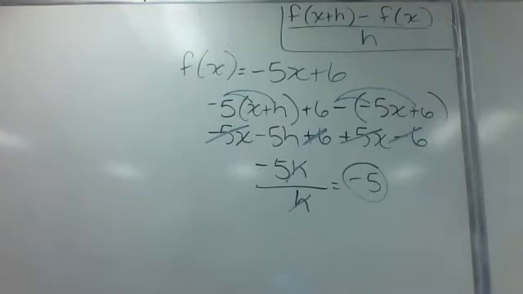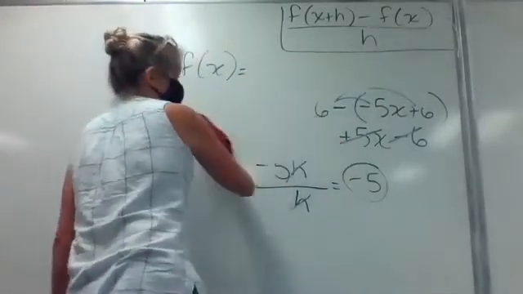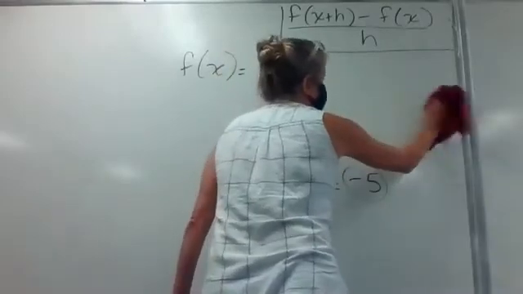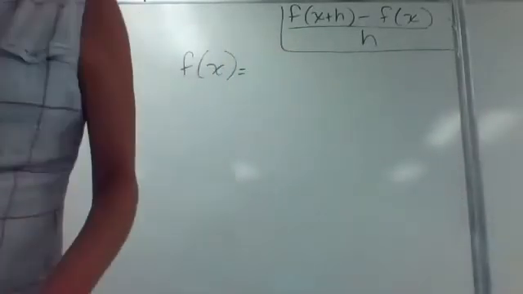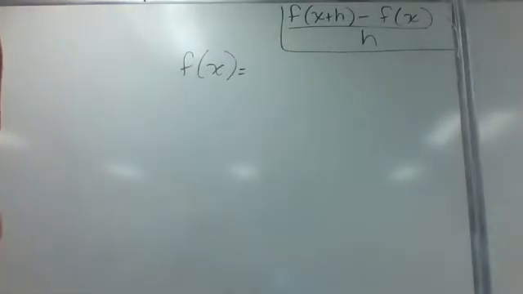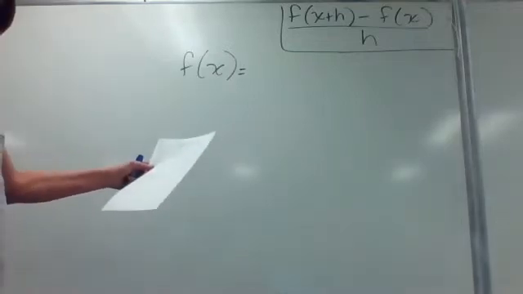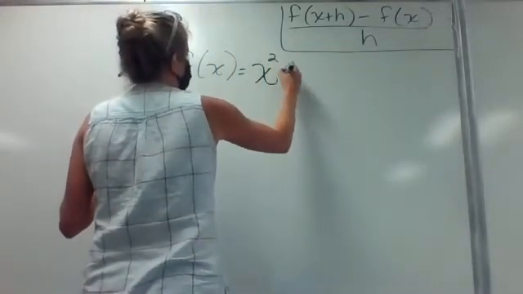Now let's look at number 3. F of x equals x squared plus 7.